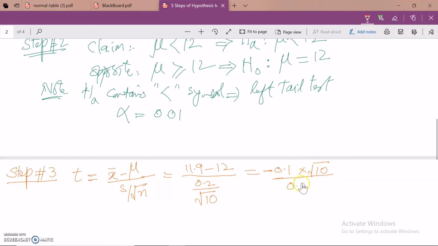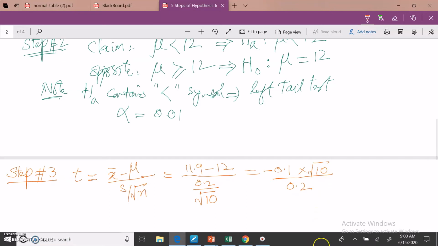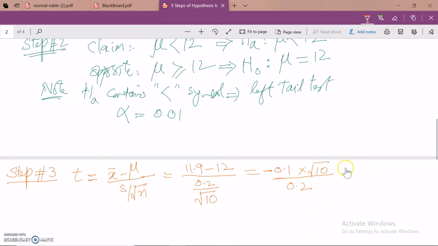Divide by the 0.2, and when I plug in all these values, the answer comes out to be minus 1.58. This is the value of the test statistic, minus 1.58. So we are able to find the value of the test statistic, and we have completed step number 3. Now let's see step number 4.